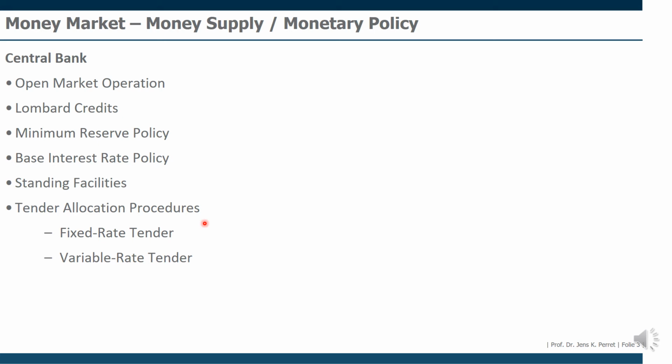And the difference here is, in the first situation, the central bank only says, well, we are offering, for example, 2 million euros. And the 2 million euros you can get for an interest rate of, let's say, 2%. Who wants something? Then the banks give offers.